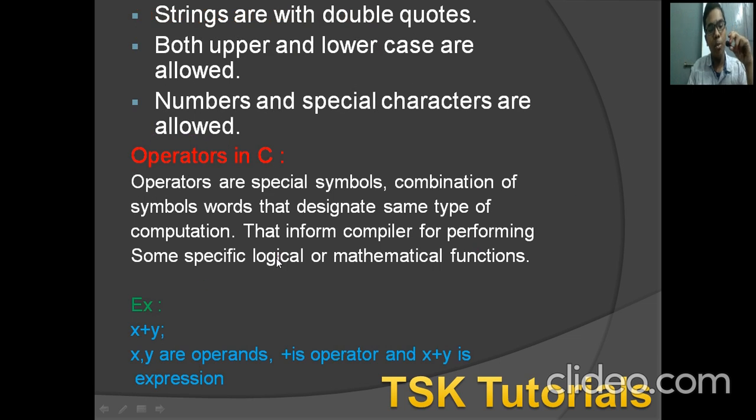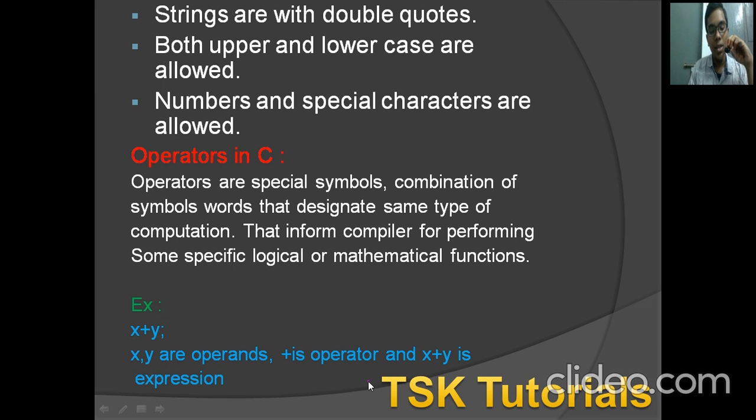Now let's see an example of operators here. x plus y. What are the contents in x plus y? x and y are called operands. Operands are the things or the variables between which we are going to do operations. We are going to do an operation between x and y. What type of operation? Addition.